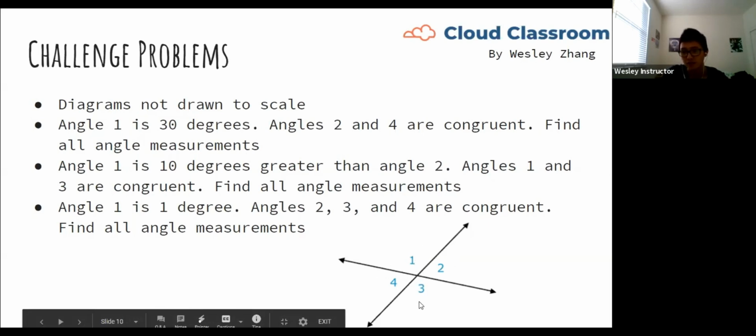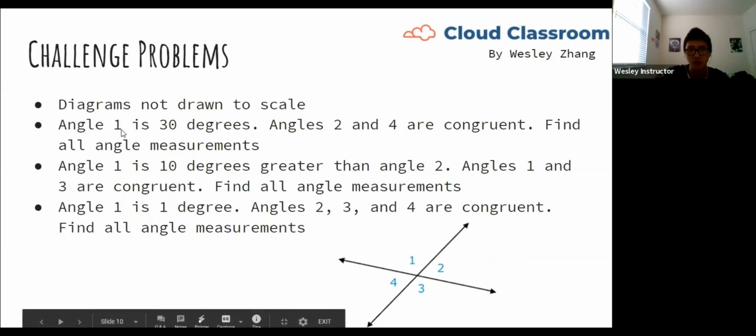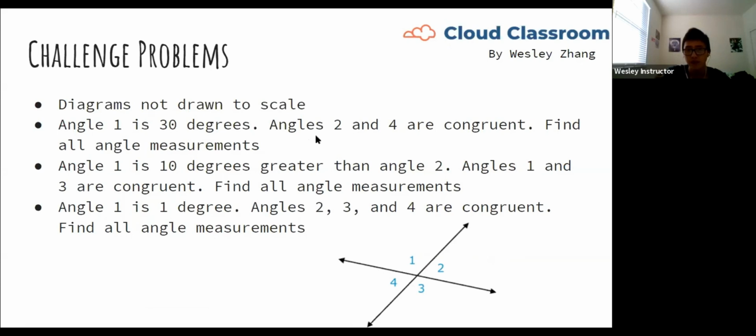Remember, all these angles have to add up to 360 degrees. 30 plus 30 is 60 degrees, so angles 2 and 4 have to add up to 300 degrees. They also have the same angle measure because they are vertical angles, so 300 divided by 2 is 150. So angles 1 and 3 are both 30 degrees, and angles 2 and 4 are both 150 degrees.